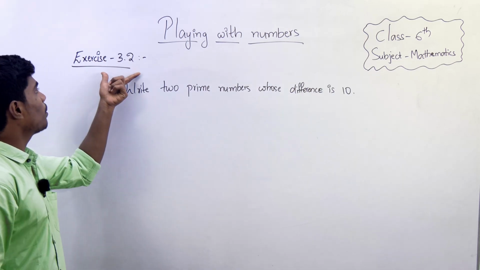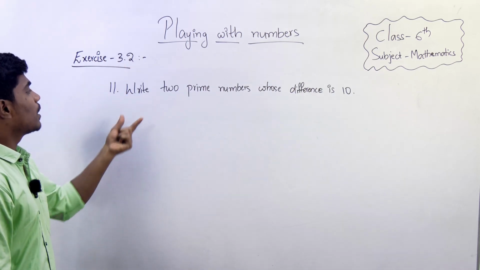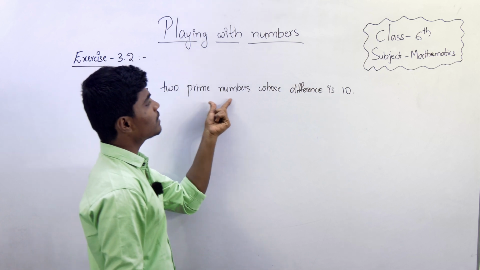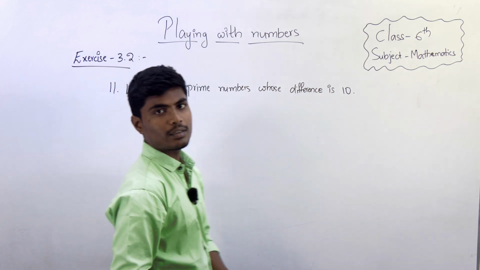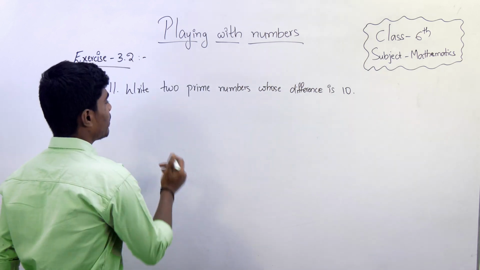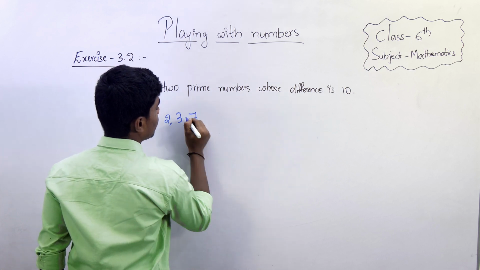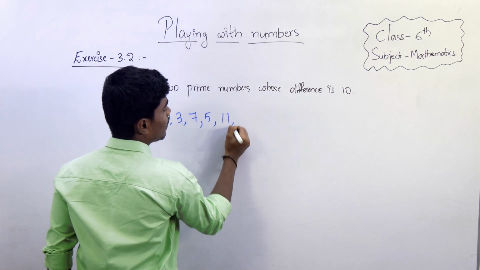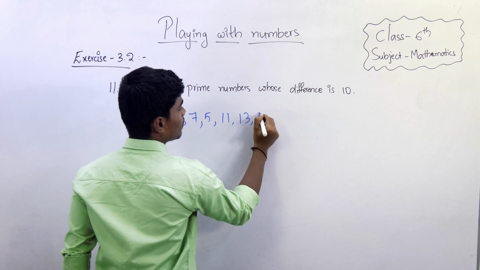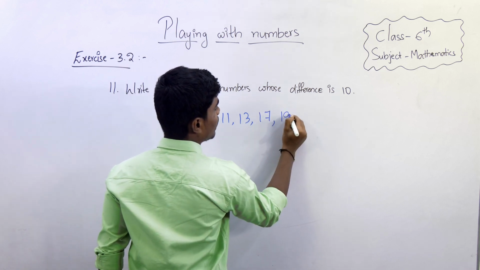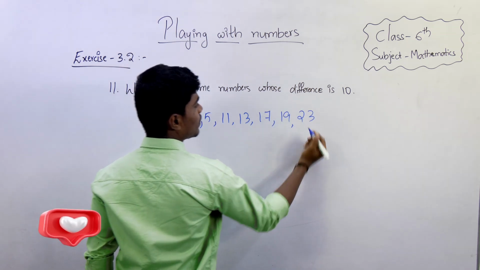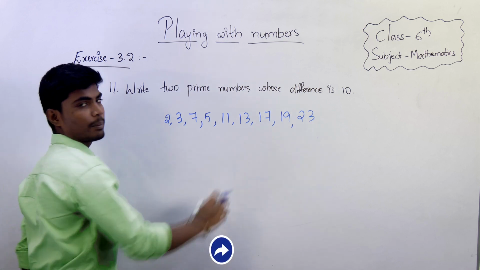Here is the last problem of exercise 3.2. Write two prime numbers whose difference is 10. So first we write the prime numbers 2, 3, 5, 7, 11, 13, 17, 19, 23. These are some prime numbers.